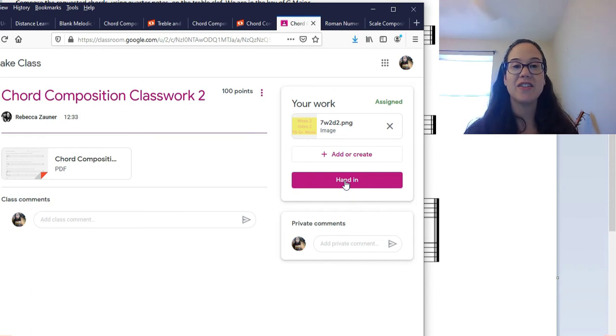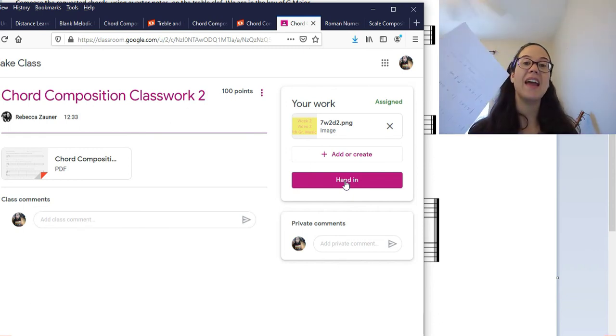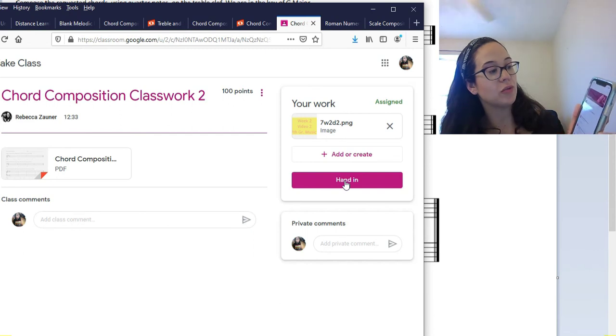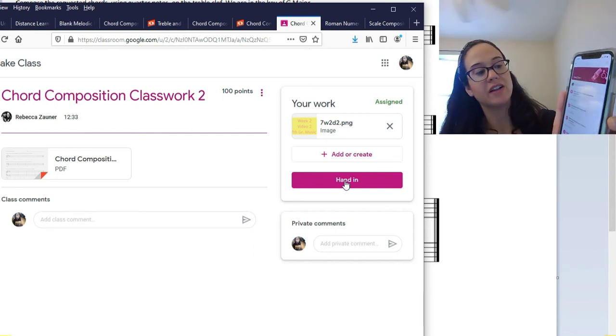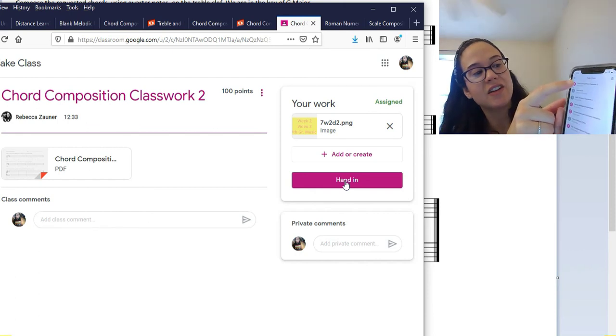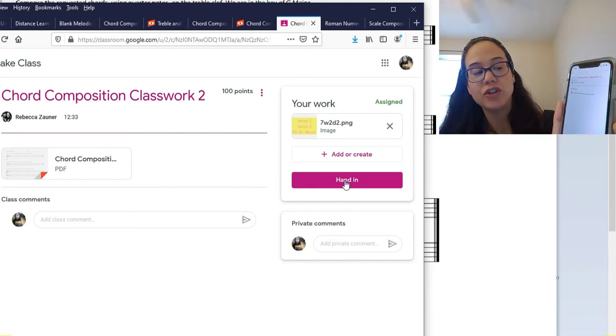Now the second way to turn this in, I would recommend printing out your piece of paper and going straight into your classroom if you're using the Google Classroom app. Here's my fake class. In the classwork tab, I can see chord composition, classwork 2.